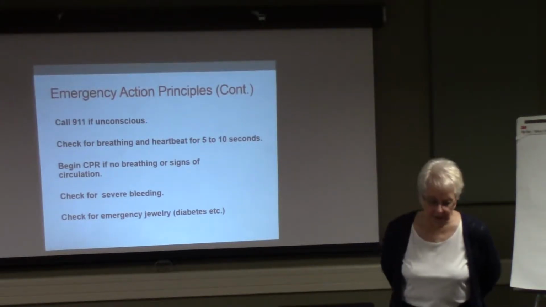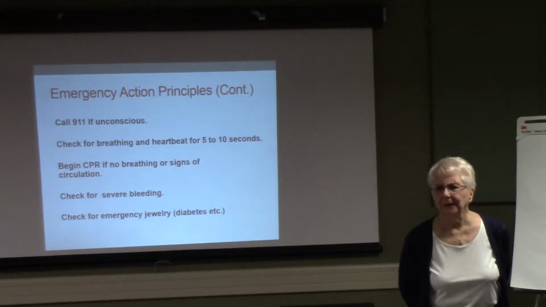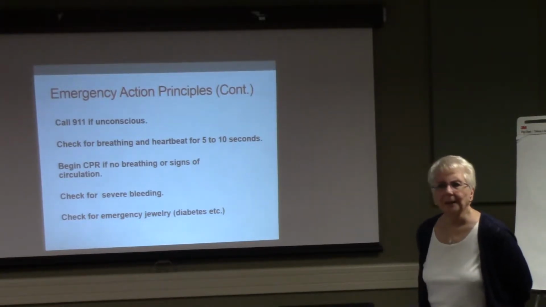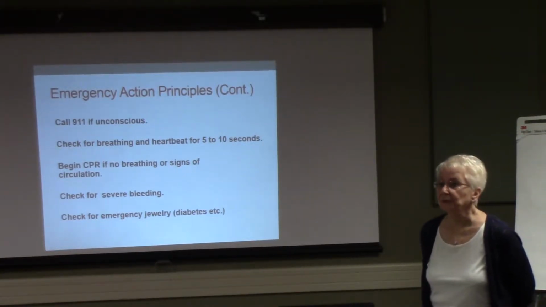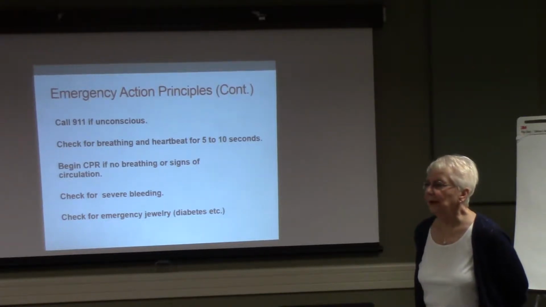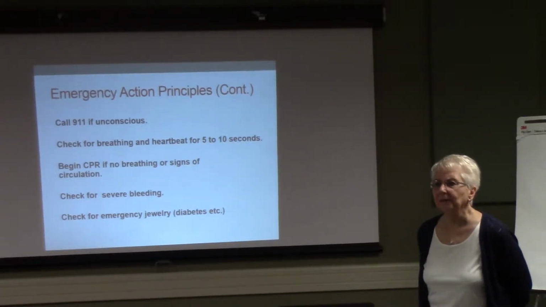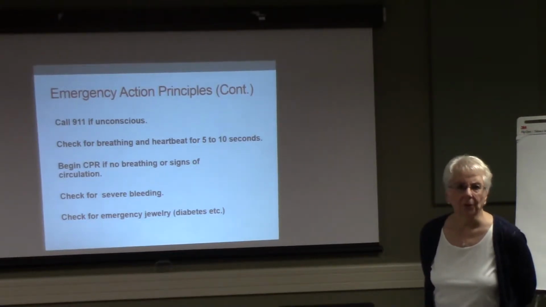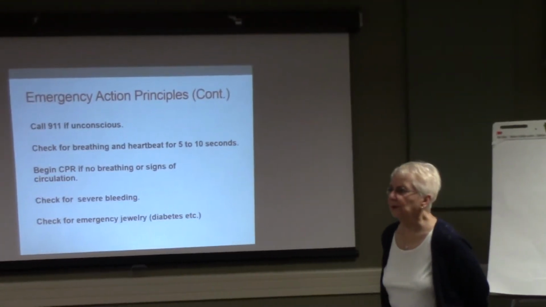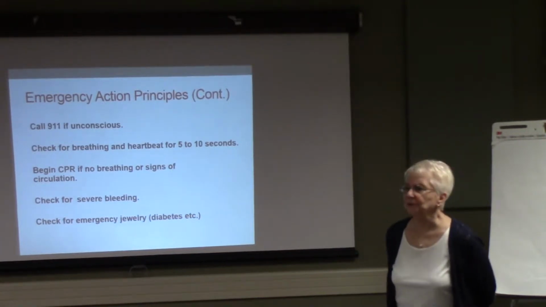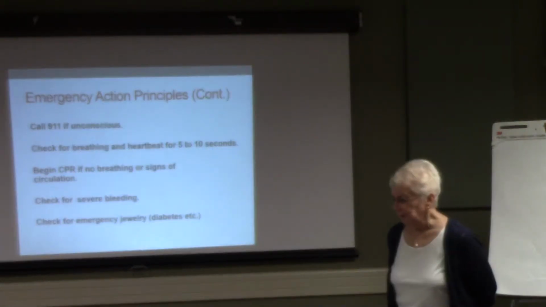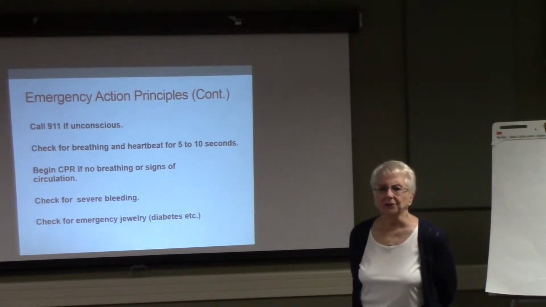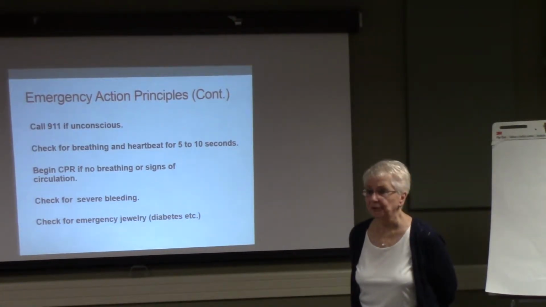Then if they're breathing and they've got a heartbeat, check for diabetic jewelry or other kinds of jewelry. Also, if you have a person that you're taking care of here, you have some records on them and you know your people who are here. You know if they've got diabetes or just whatever it is. But sometimes when you have that kind of situation, you also have information on, do they have a blood meter?